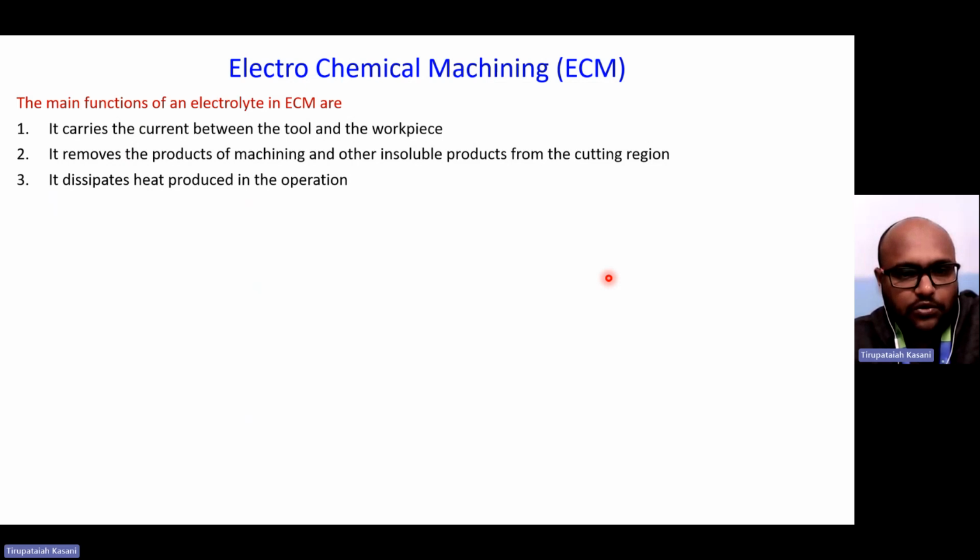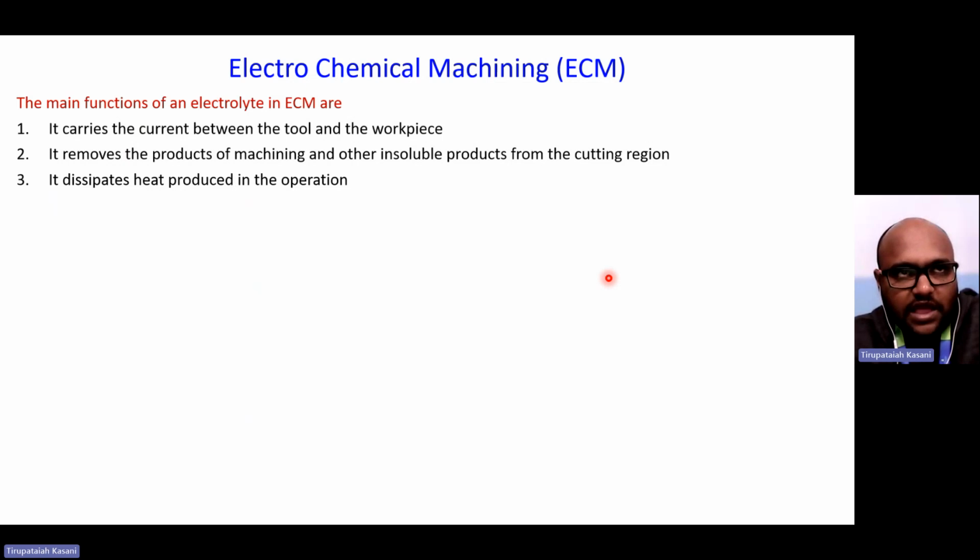It dissipates the heat produced in the operation. As you have already seen, this is the NaCl. If some amount of heat energy is produced due to the chemical action of the electrolyte medium, and the tool and the workpiece are subjected to some heat, this electrolyte itself takes away that excess heat, and the temperature of those two is maintained at certain levels so that their life won't decrease drastically.